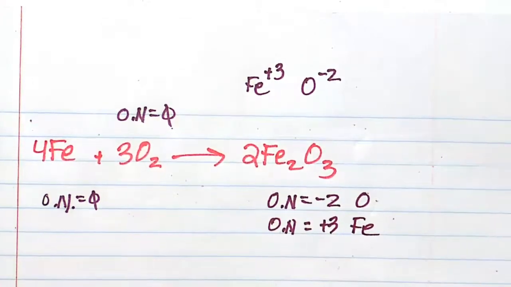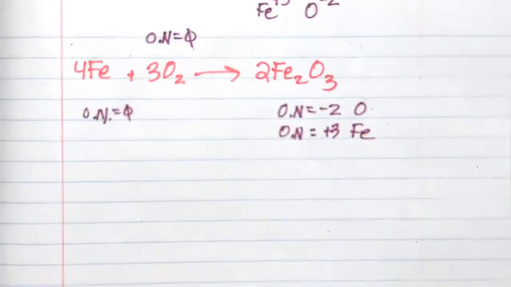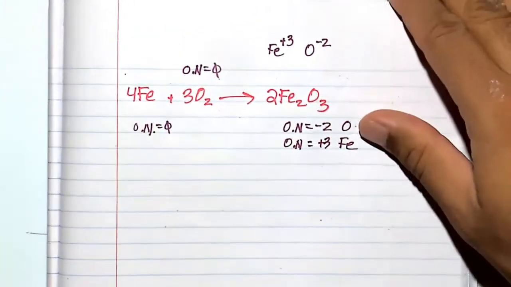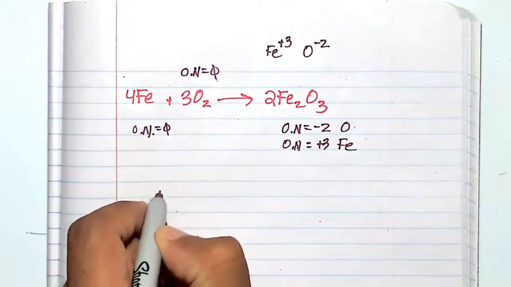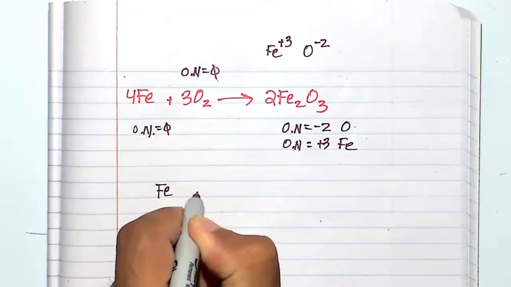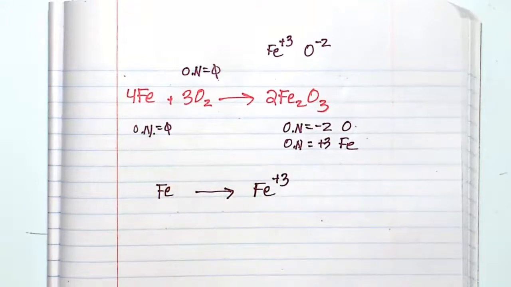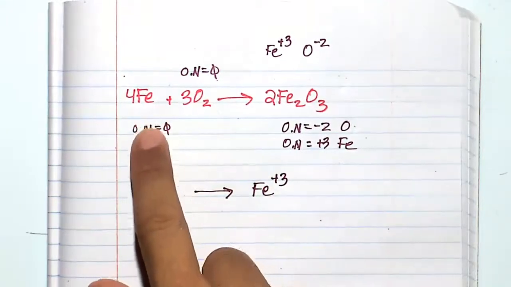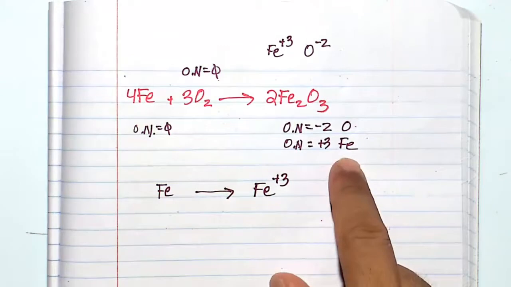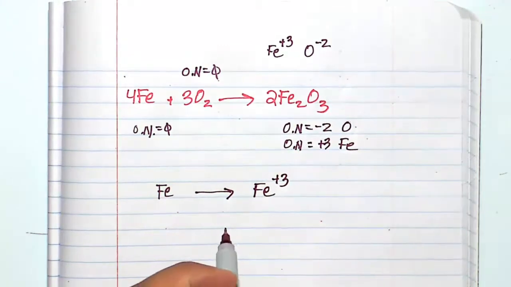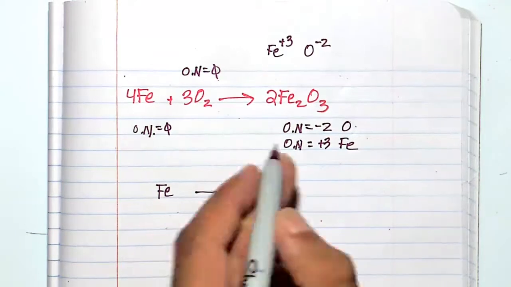So let's write down the oxidation states as they have changed in this reaction. We have one half reaction where Fe is going to go to Fe plus 3. Fe with an oxidation number of 0 is going to Fe plus 3 in the oxidation state. We're going to balance that with electrons.